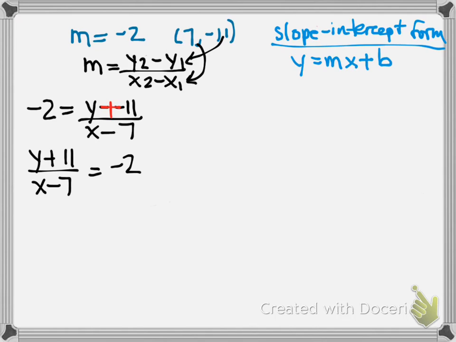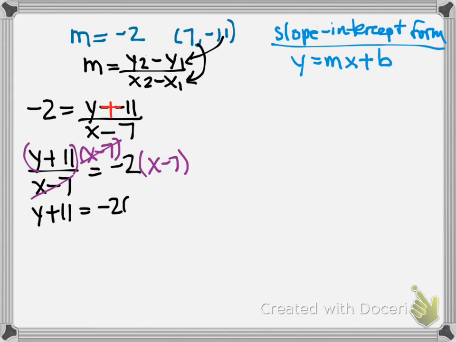Okay, so we're going to take that denominator, x minus 7, and multiply both sides by it, which allows us to get rid of it from the denominator. So now I've got y plus 11 equals, and this is vitally important, 2 times the quantity x minus 7.